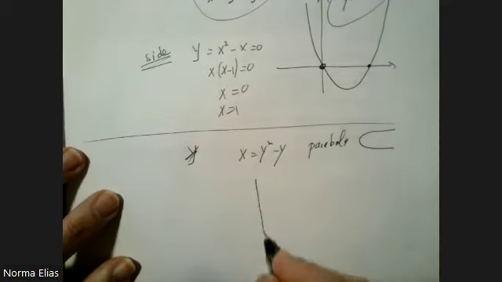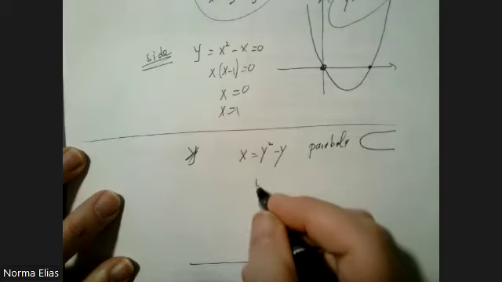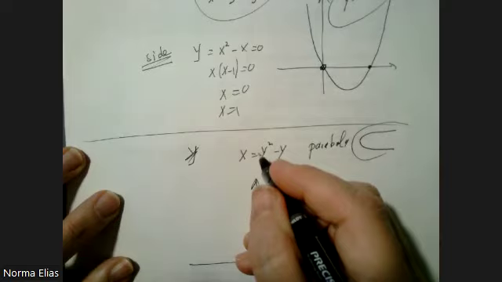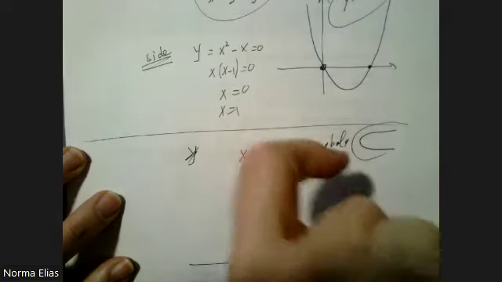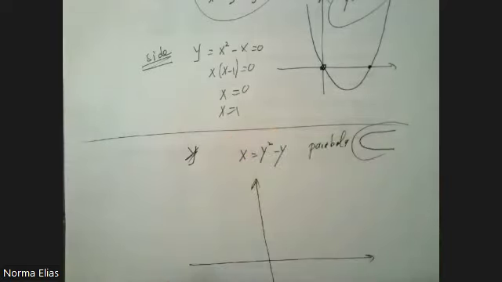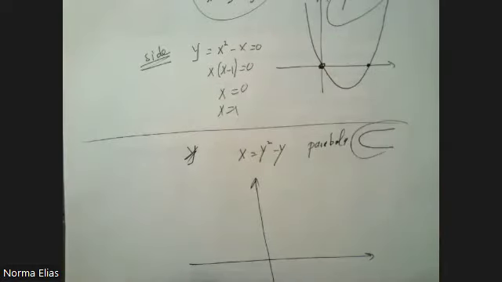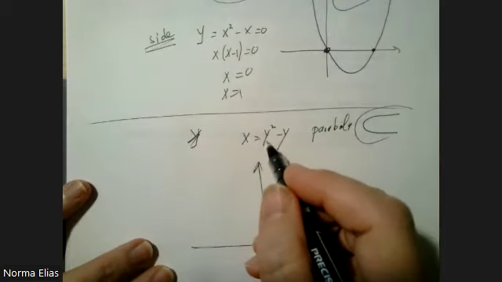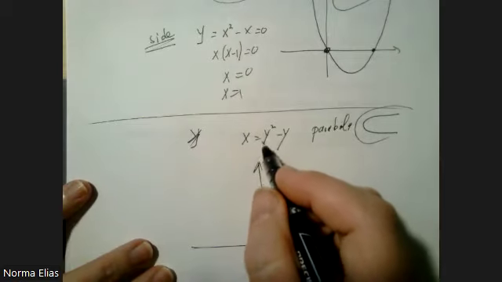If you want to sketch it exactly, you do the same thing. This is a positive number in front of y squared, which means it's going to be a parabola to the right. If this is negative, parabola to the left. The same logic. And to sketch it correctly, you find the values of y where this is 0.